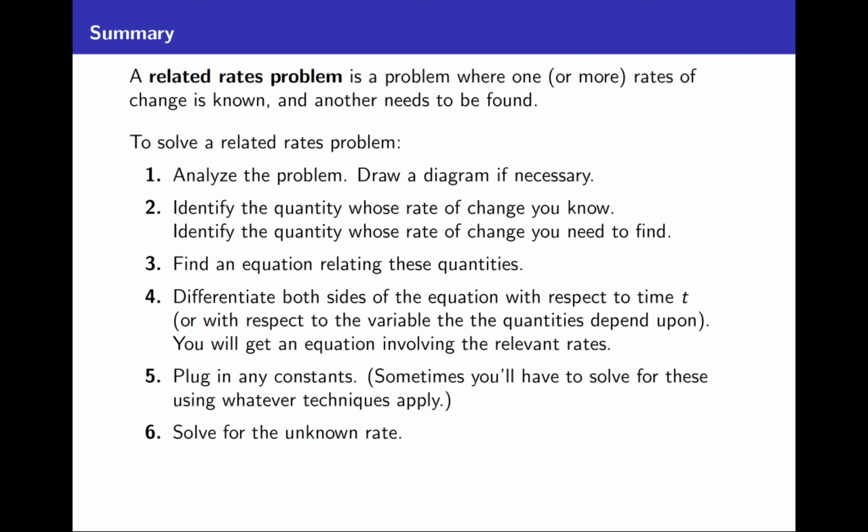And there's really nothing wrong about that. 0 does equal 0. It just doesn't answer the question. You plugged those constants in too quickly, so when you differentiated, everything disappeared. You want to wait and plug in your constants at the end, so when you differentiate, you're not differentiating constant functions. So watch out for that.